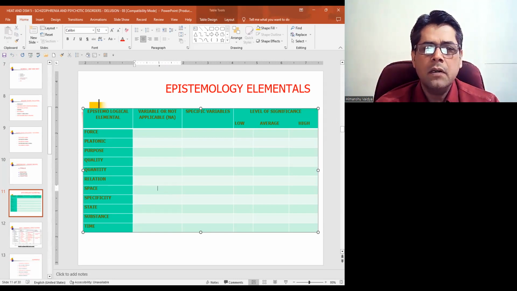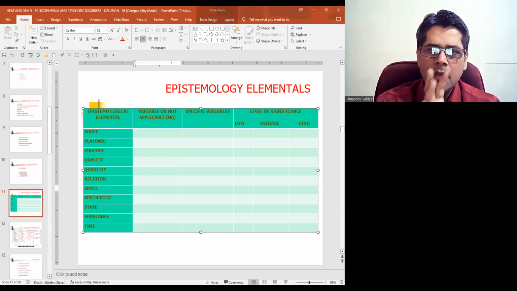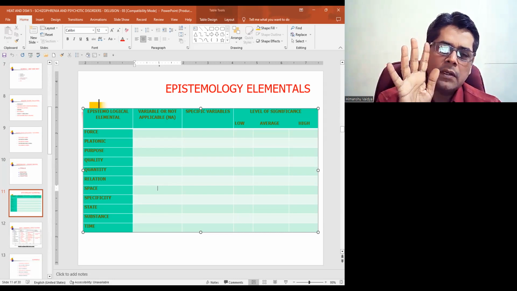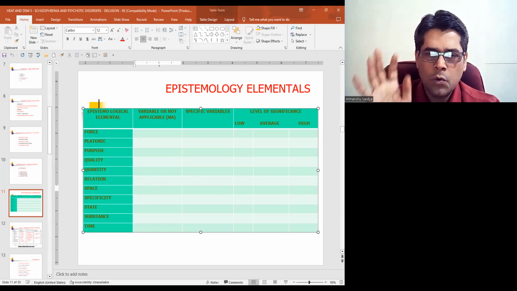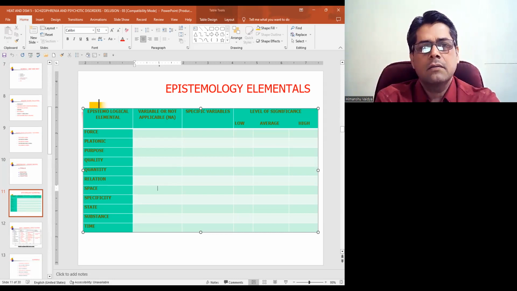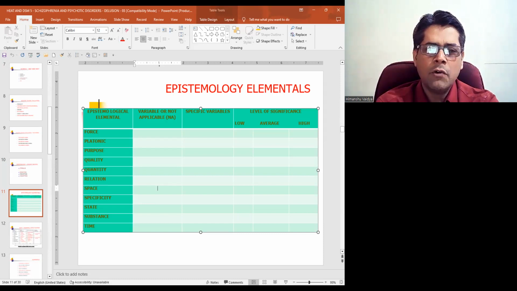How are the epistemological elementals involved? What is cognitively out of place? What is epistemologically out of place? When this process of looking at the poster happens and suddenly the delusion starts, in that story of the delusion, what is out of place? In the starting of the delusion, what is out of place? In general, what is out of place? Does the person have a clear sense of space?